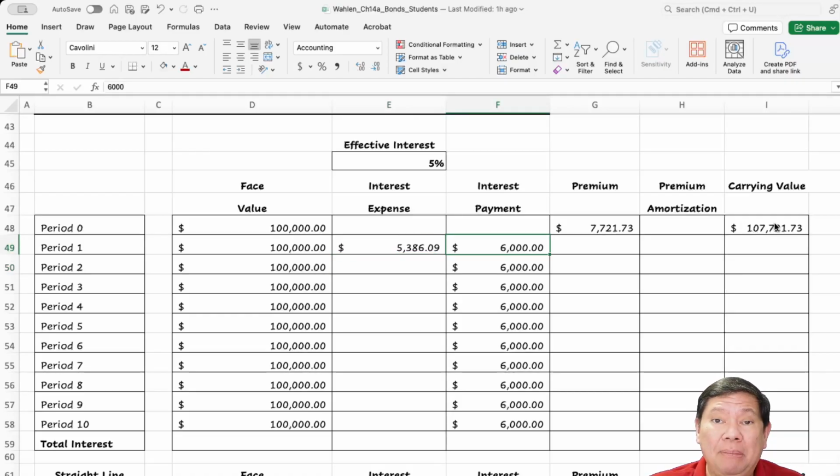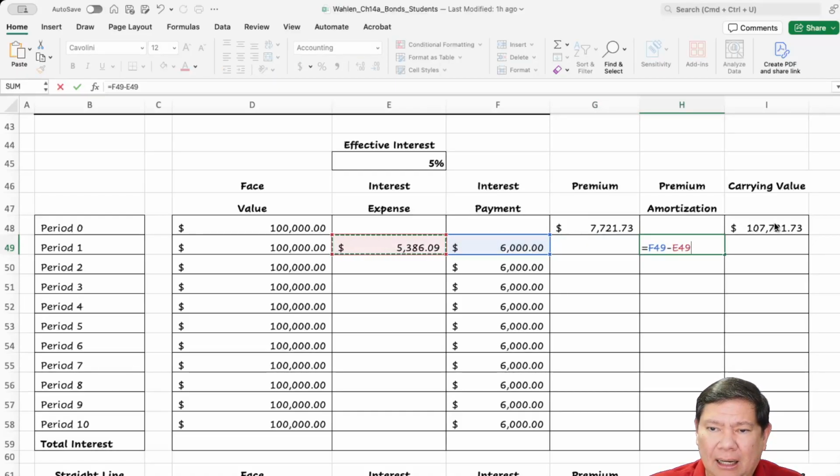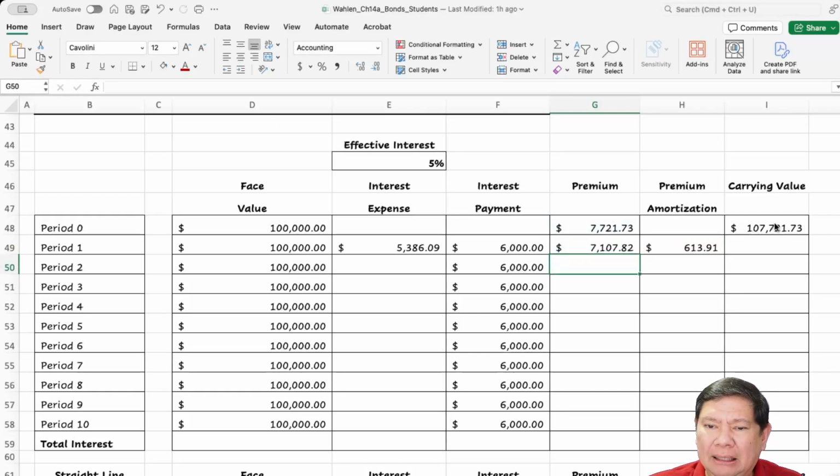But the cash payment is 6,000, so the difference is the amortization, 613.91. And then the premium will go down with that, to 7,107.82, and the carrying value will go down with the new premium.